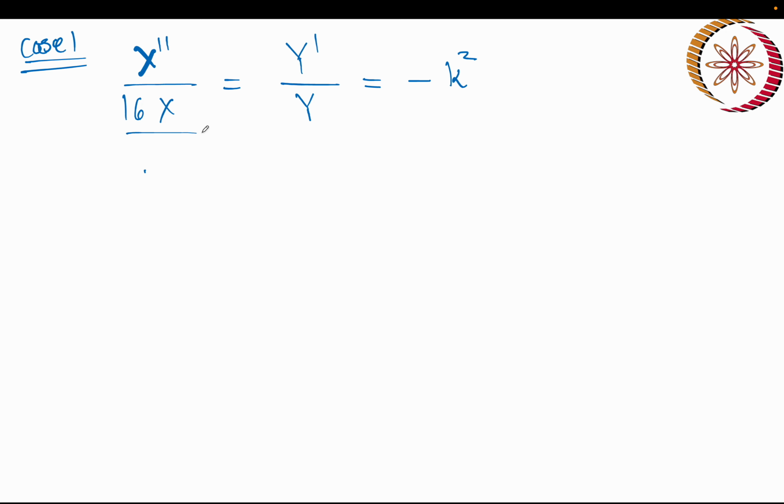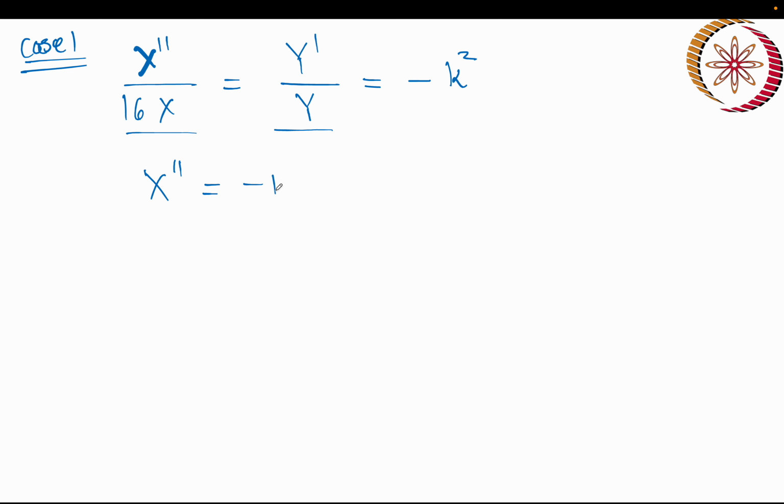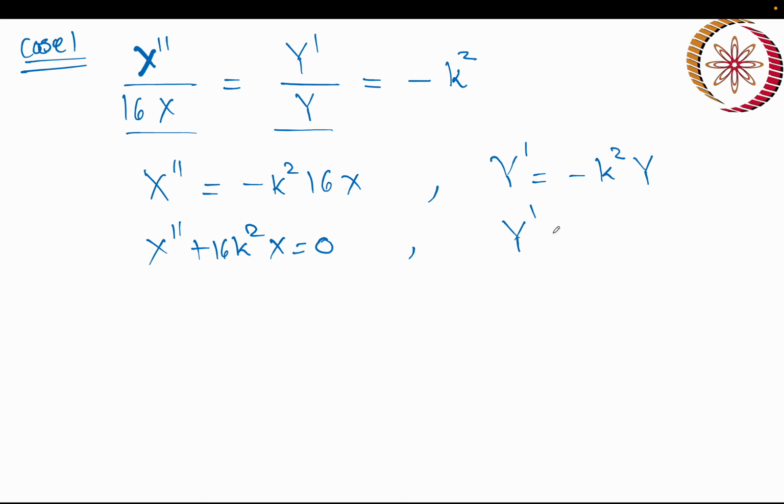Anyway, they are independent, so we'll write X double prime is equal to minus k square 16X, and for Y we can write Y prime is equal to minus k square Y. So X double prime plus 16k square X is equal to 0, and Y prime plus k square Y is equal to 0.